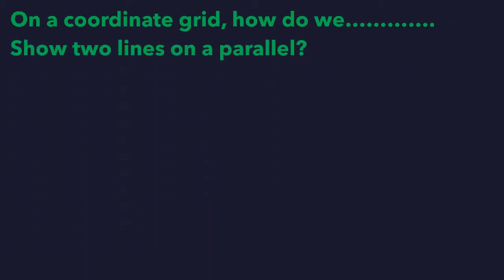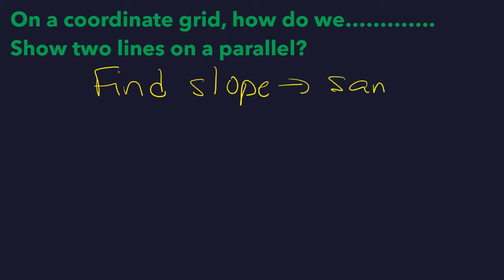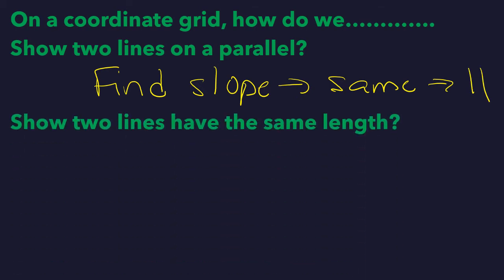How would we show that two lines are parallel on a coordinate grid? Well, I can find the slope, and if the slopes are the same, I know that the lines are parallel. How could I show that two line segments have the same length?